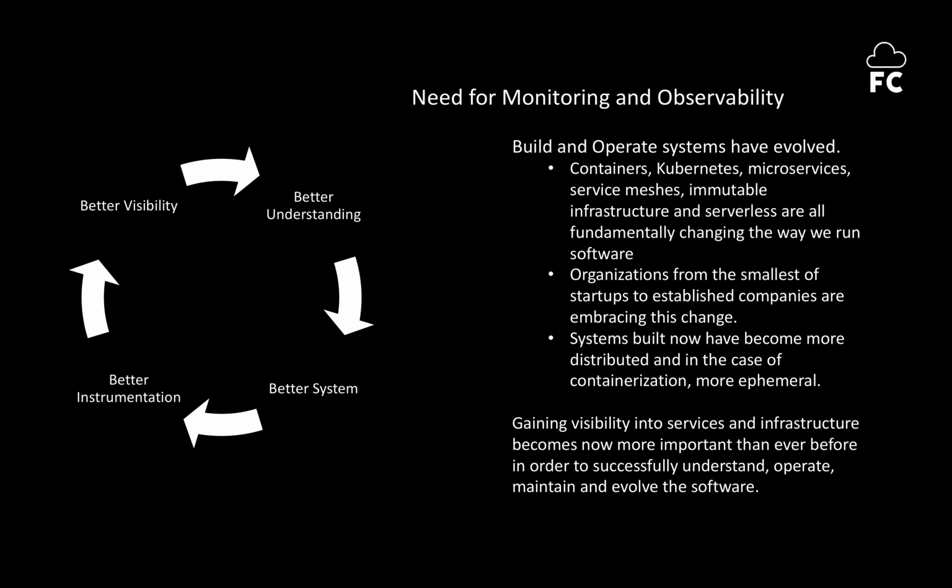Better instrumentation means having better logs and metrics that expose your application, like how many hits are coming to it, what the peak time of your application is, at what particular period of time the CPU is at its maximum, and when the CPU utilization is low and you can downscale your application. And this better instrumentation will give you better visibility, and having this better visibility gives you a better understanding.